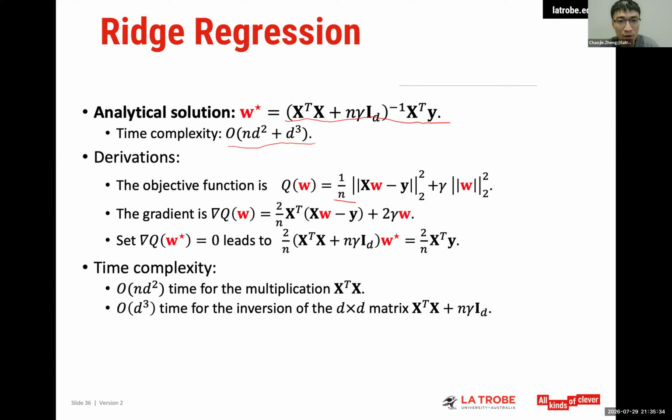The objective function now is the loss function of the least square regression plus the regularization term, that is the squared L2 norm. To get this analytical solution, we calculate the gradient of this objective function and then set this gradient to 0. If we solve the equation, we will get W star, the solution for ridge regression.